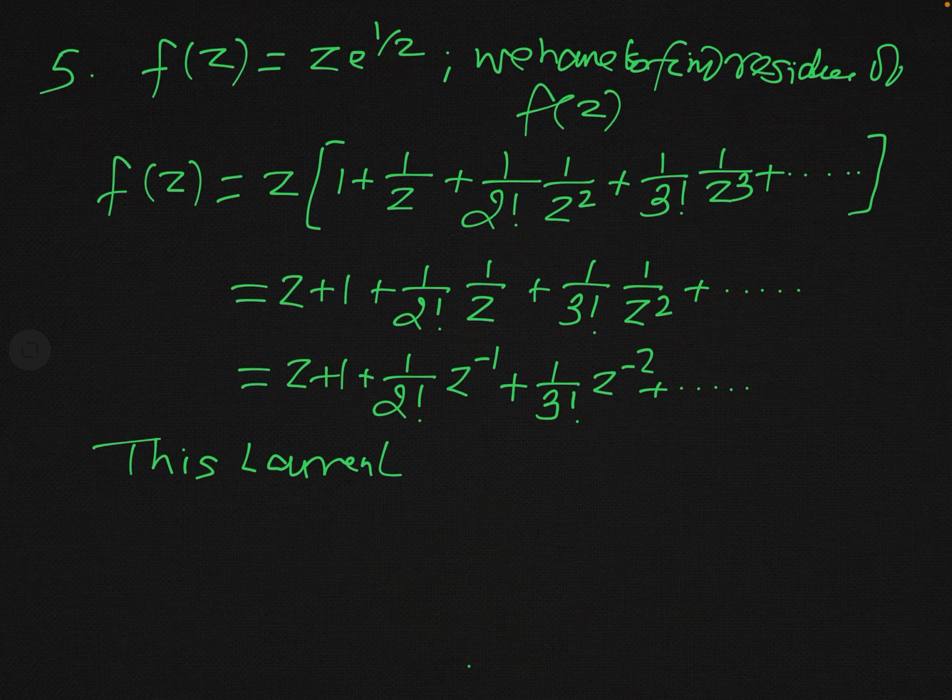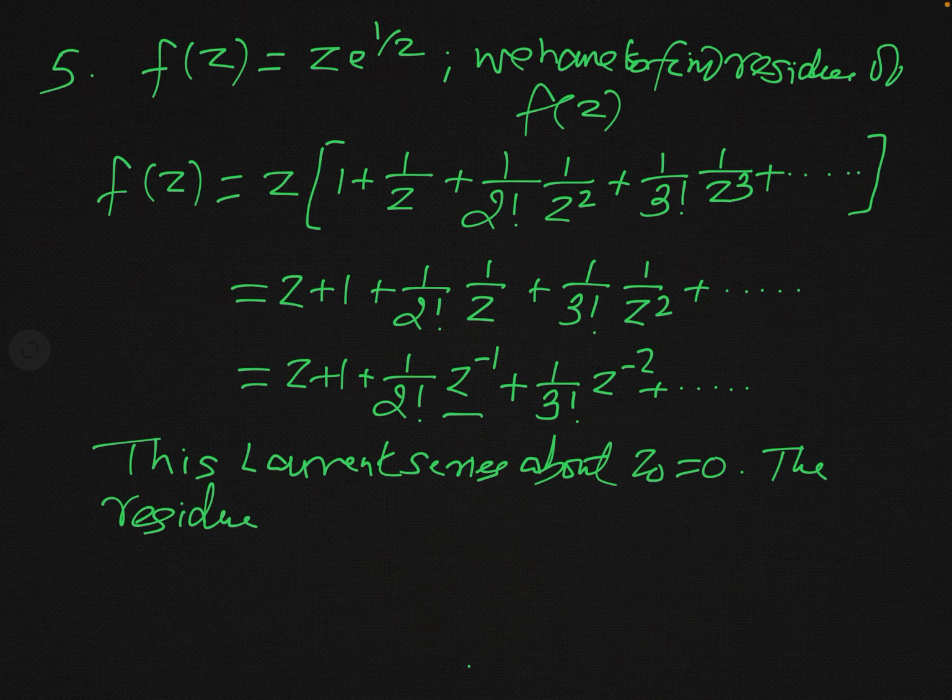So you can see this is just a Laurent series about z naught equal to 0. And therefore what will be the residue? The residue is simply the coefficient of this term z to the power minus 1, and that is 1 over factorial 2.